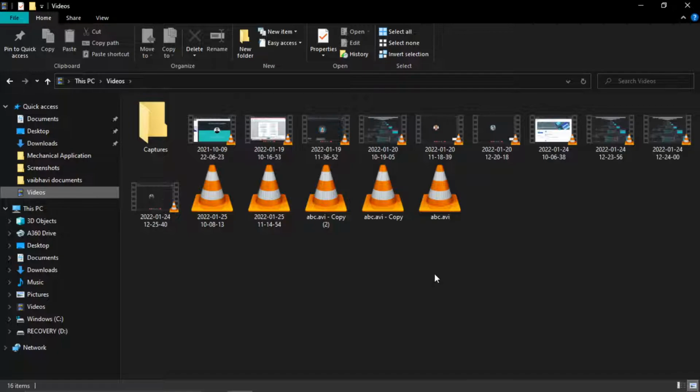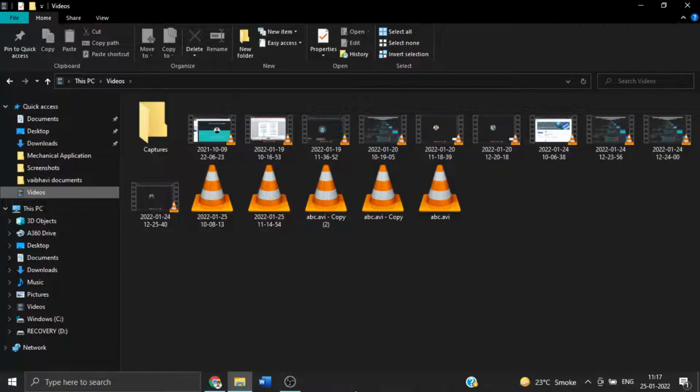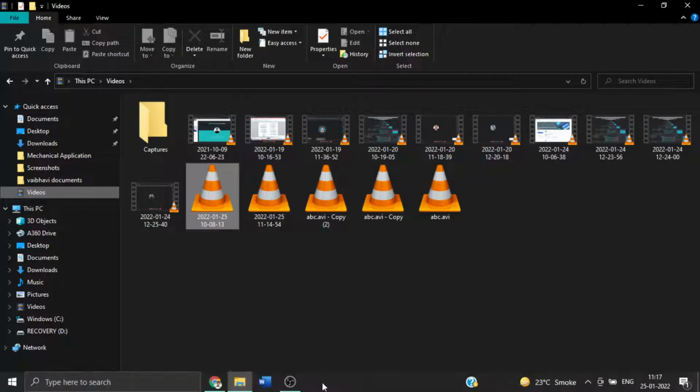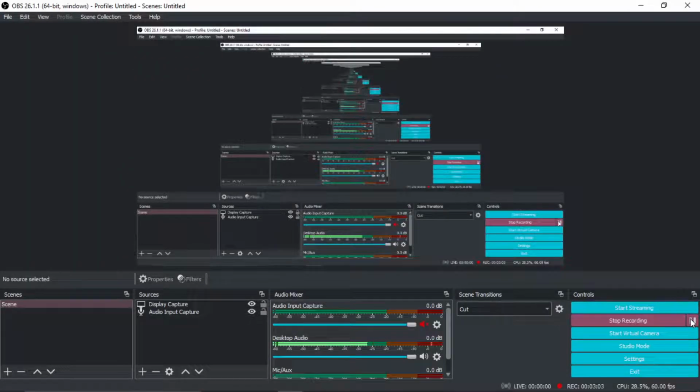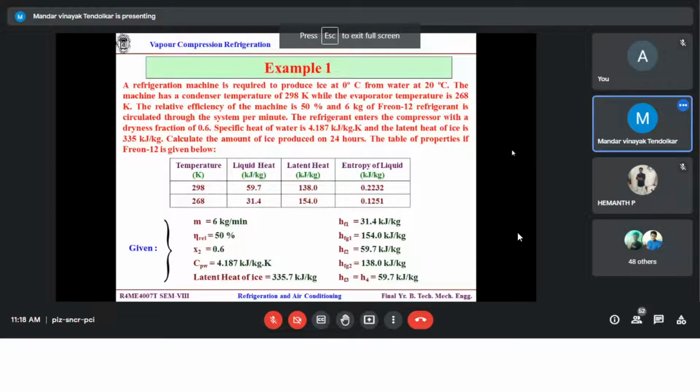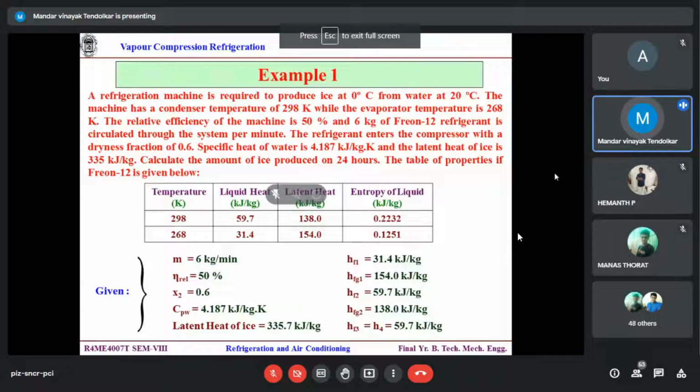M is 6 kg per minute, relative efficiency 50%. Why X2 have I given? Refrigerant enters the compressor, so this must be X1, X1 as 0.6. Condenser: my HF3 or H3 is the same as H4.